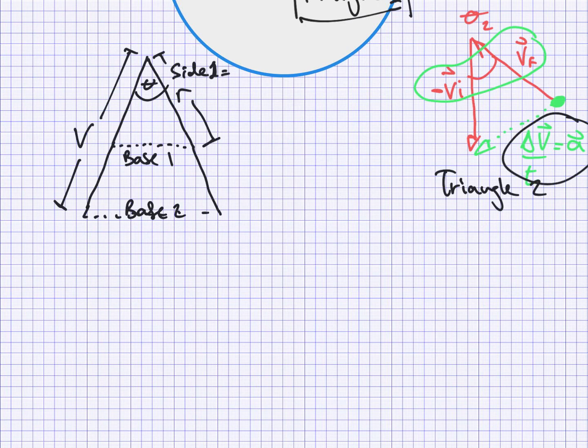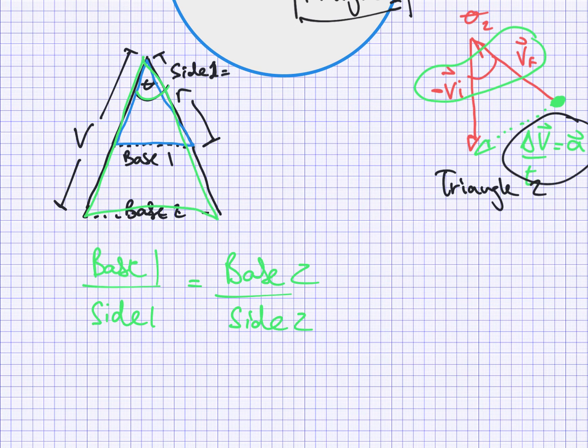Okay, so why are we doing all that? Well, we can say, based on triangle laws, that if you've got triangle 1 here, and you've got another triangle, let's call it triangle 2 here, and they've got the same angle, you can make the case that base 1 over side 1 is equal to base 2 over side 2.